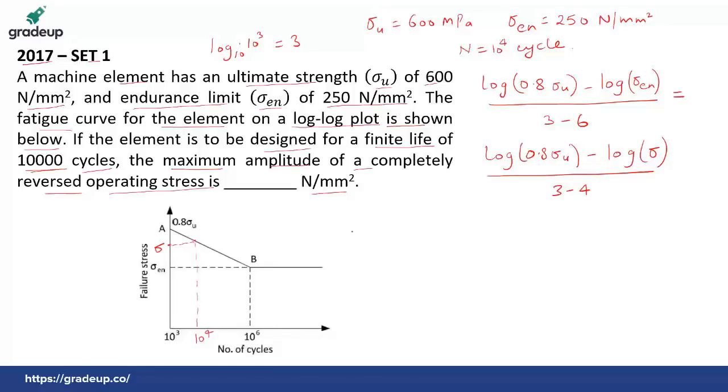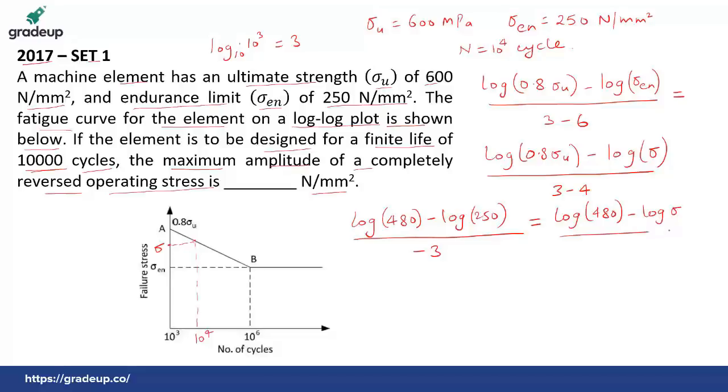Now just solving this, we have the values of all this. Log of 0.8 into sigma u, with sigma u as 600, will be 480, minus log 250, upon 3 minus 6, which is minus 3. This equals log 480 minus log sigma upon minus 1.